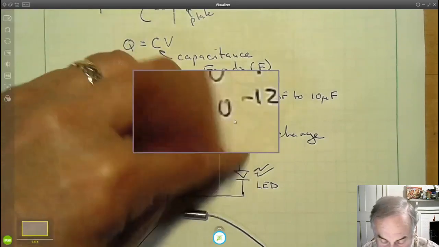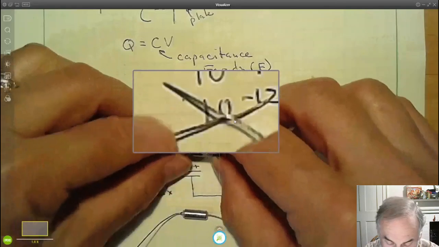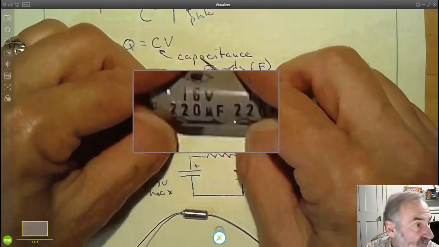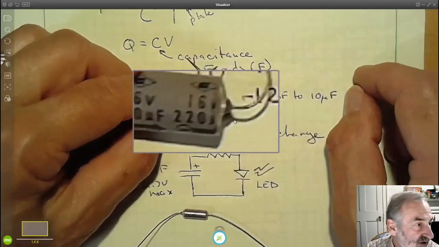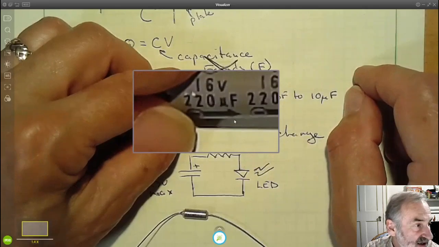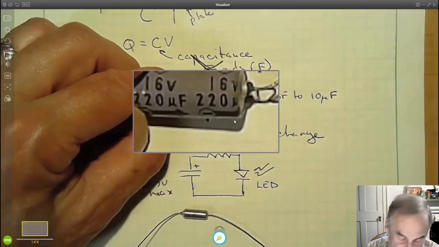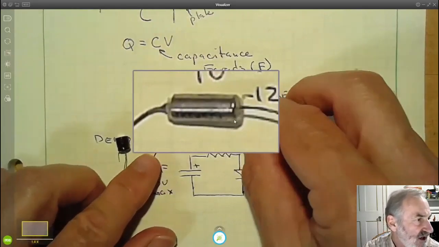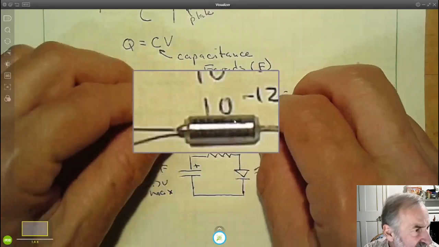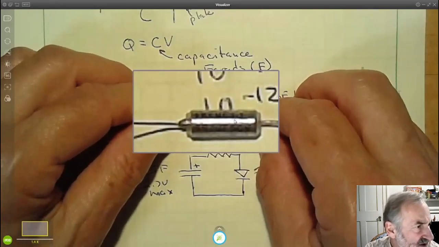Another capacitor here. Once again, a maximum of 16 volts, 220 microfarads, and the end that the negative arrow is pointing to always has to be more negative. And then finally, this is a type of capacitor called tantalum. You can barely read it.